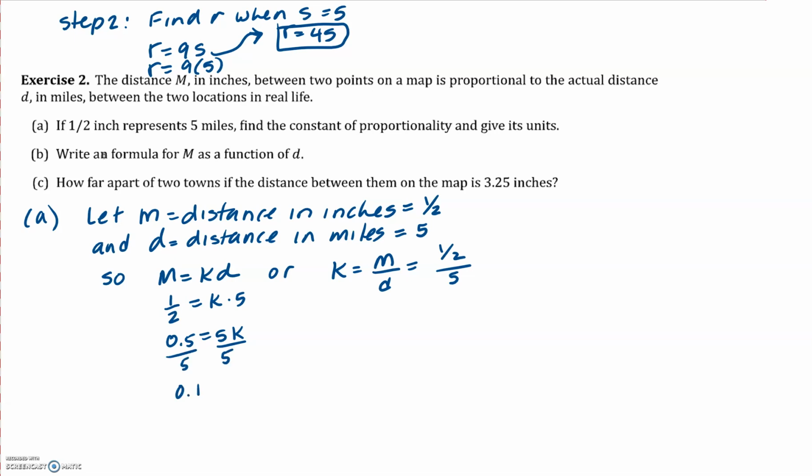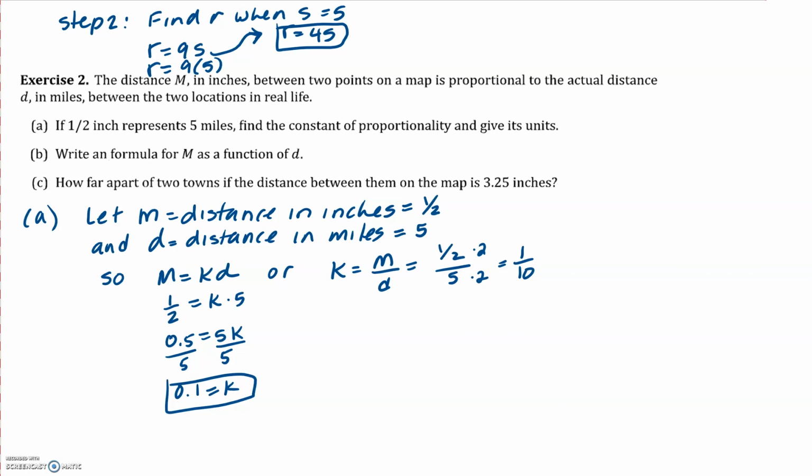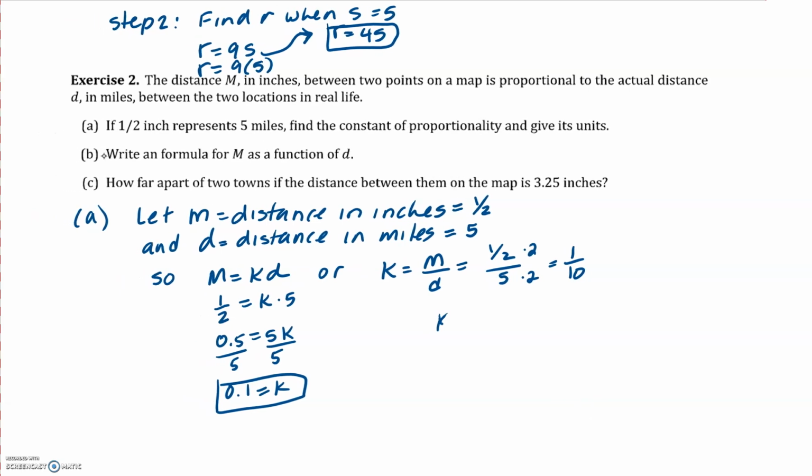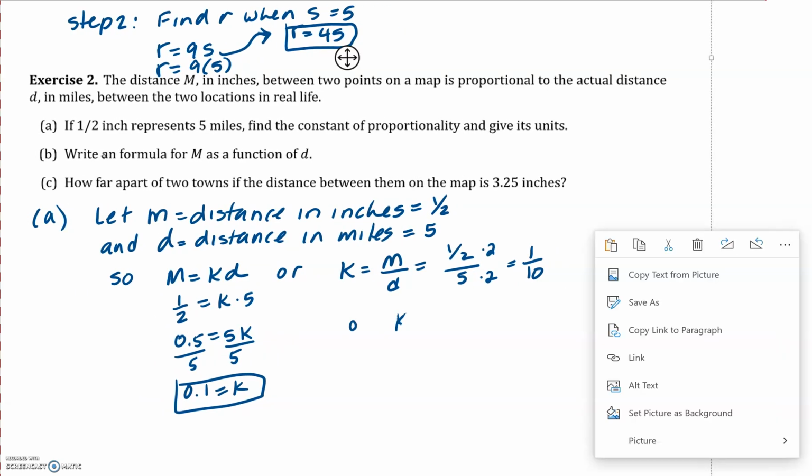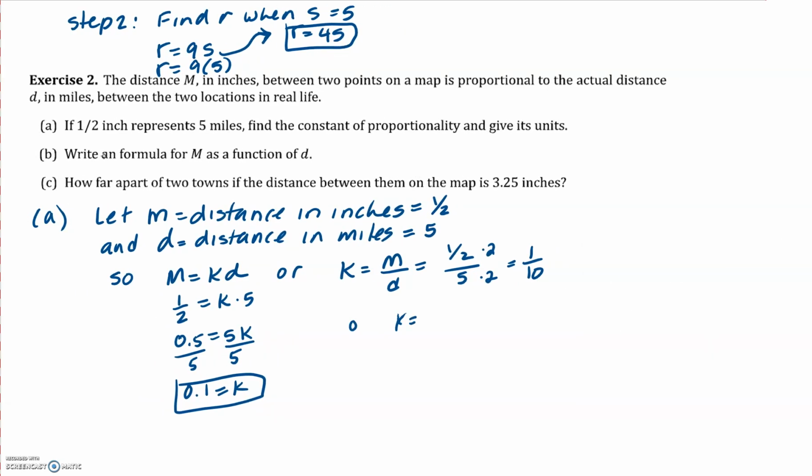I think you get 0.1 on your calculator. That might be a little easier. But you could do this as well, because you can take 0.5 divided by 5, right? But multiply top and bottom by 2, and you get 1/10. That would give it to you in a fraction, which is the same thing, because 1/10 is the same as 0.1. So we know k, or if you'd rather a fraction, k is equal to 1/10.